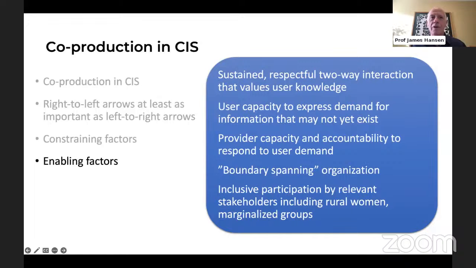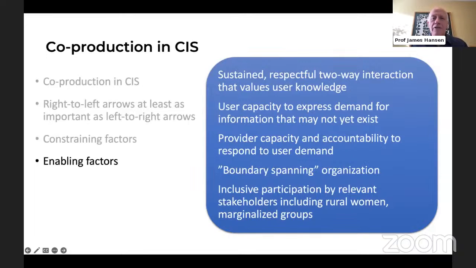As decision makers learn more and more, they can communicate that information. So co-learning between information providers and users over time can gradually improve services. If users have the capacity to express demand for information that might not yet exist, through training, through participatory activities that expose them to new types of information, that can empower them to express that demand.